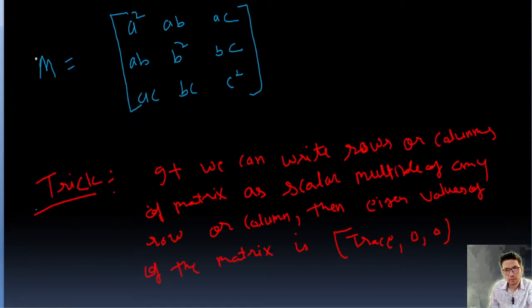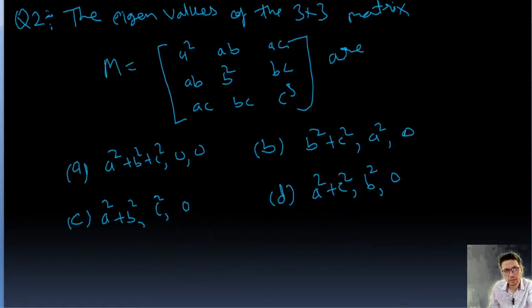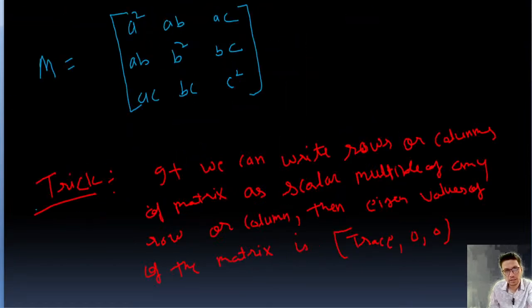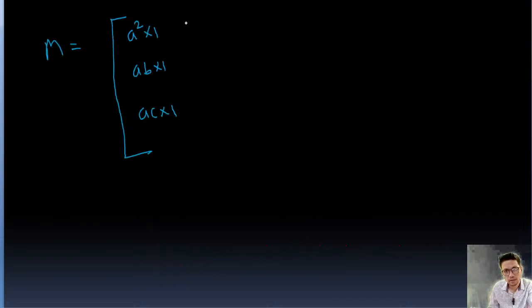And this one you can write ab, ac, b square, bc; ab, ac, b square, bc and bc, c square. Okay? This we can write like this.